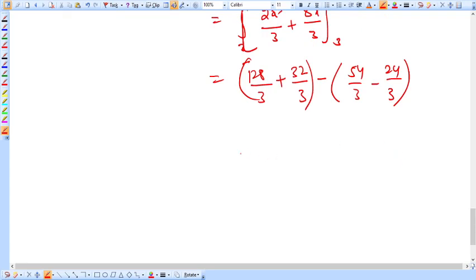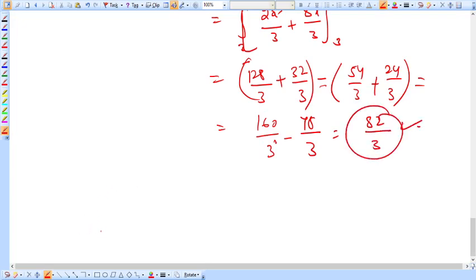I think it is equal to 160 by 3 minus 78 by 3, which is equal to 82 by 3.